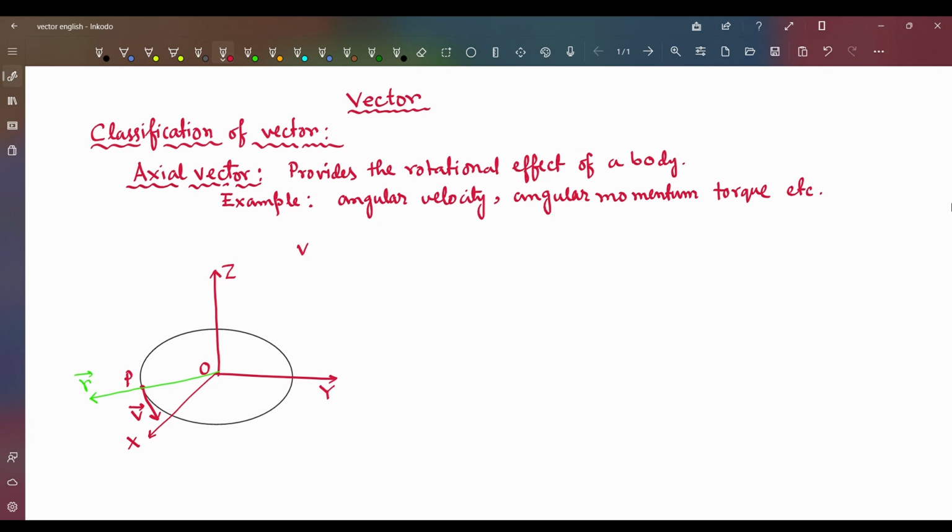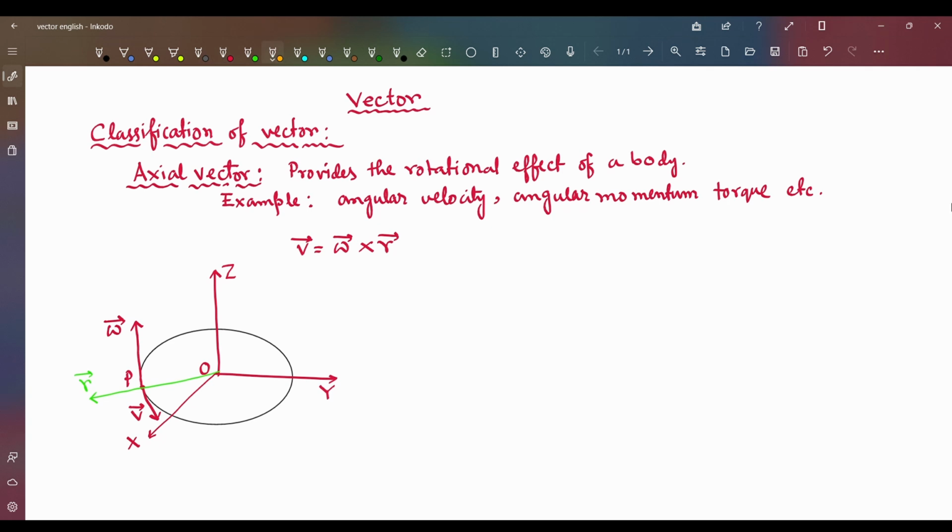V is equal to omega cross r, where omega is the angular velocity of the disk and it is directed perpendicular with respect to r and v, that is parallel to z axis.